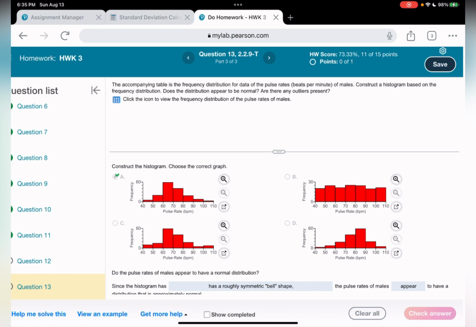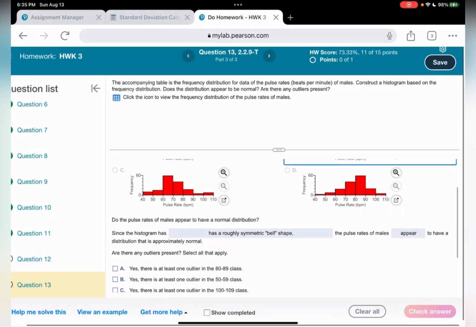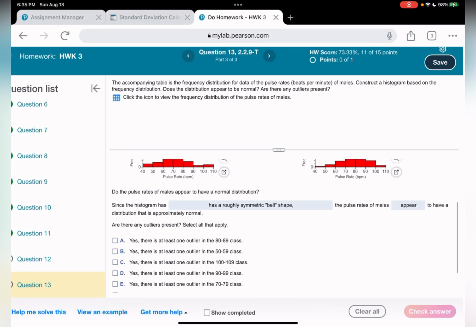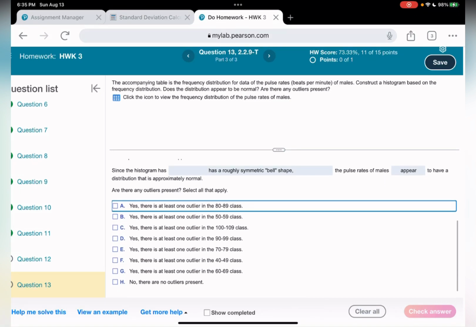It goes gradually, 60, 50, 40, and then 60, 70, 80, 90, 100. So there is no outlier, I would say. If I were to throw in, let's say, after 110, a 200, that would be an outlier. So no, there is no outlier present.